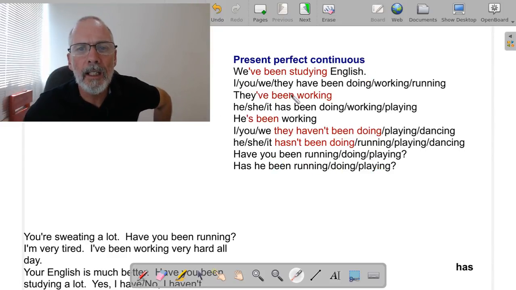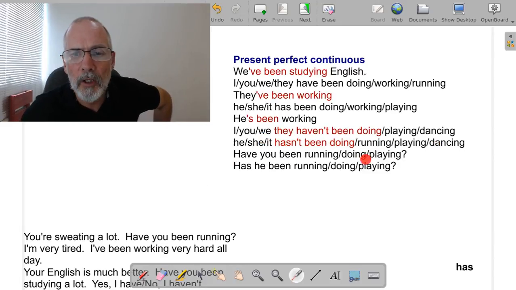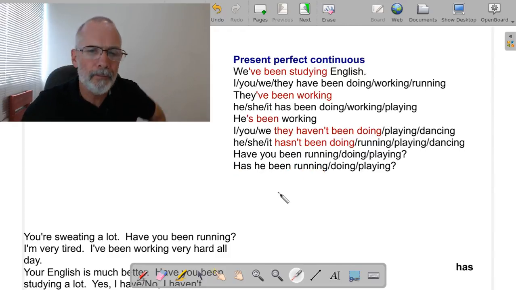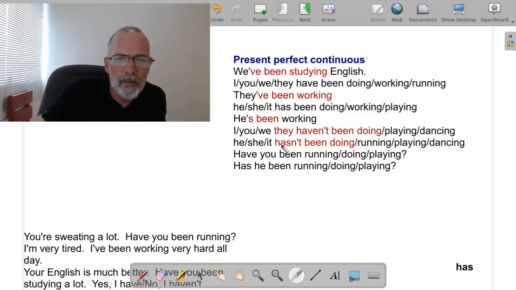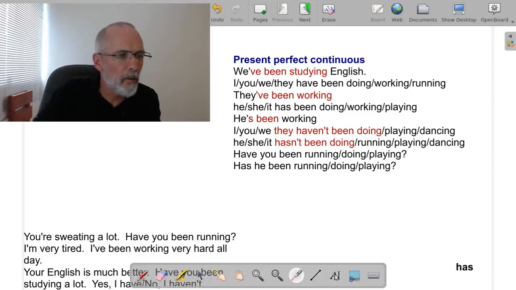We've been studying English. They've been working. He's been working. They haven't been dancing. She hasn't been dancing. Have you been playing? Has he been running? Very good. So this is the structure of the present perfect continuous.